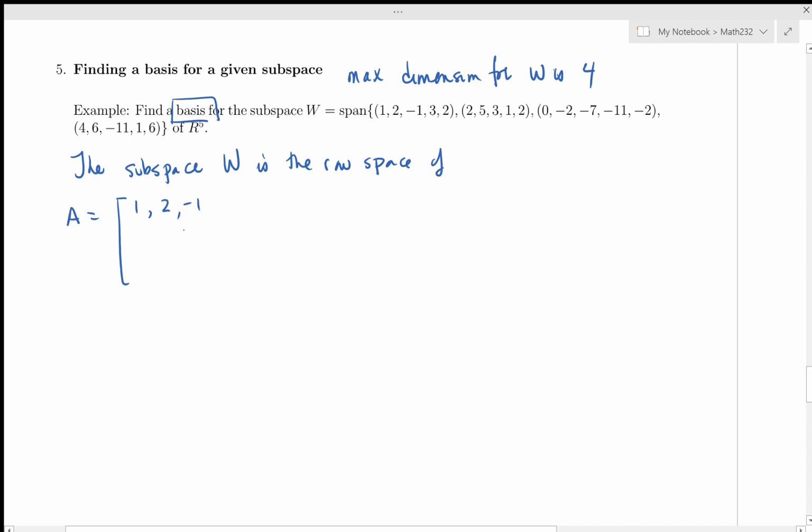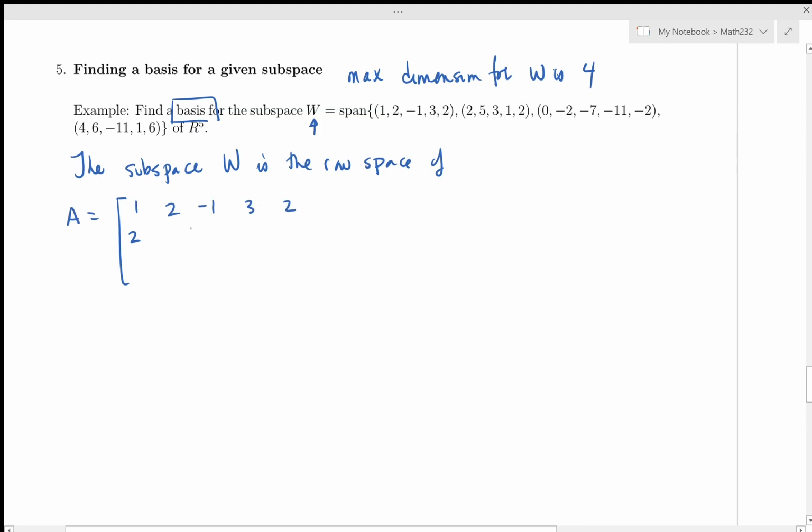I want to use the row space because the row space is not changed by my elementary row operations. I don't want to do something to change the space W while I'm trying to find a basis. So I know that I can do elementary row operations on the vectors when they're rows, because the row space is unchanged by elementary row operations. So I'm going to put all these in here. I'm just basically praying I don't make an arithmetic mistake while doing this.